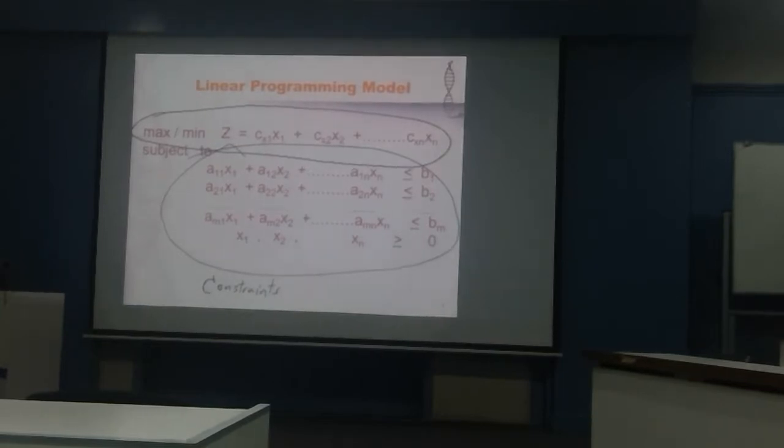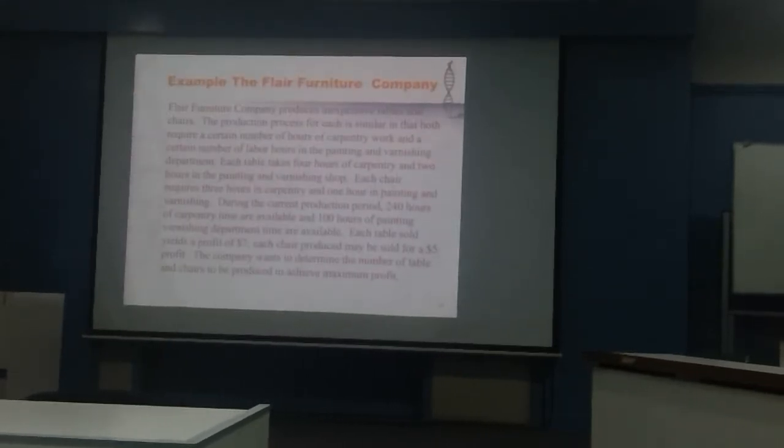But in order to give you a better understanding, I'm going to use a very classic and popular example, the problem of the Fair Furniture Company, to show you the whole problem, starting with the formulation and then solving it using the graphical method. So this is the detail of this example.